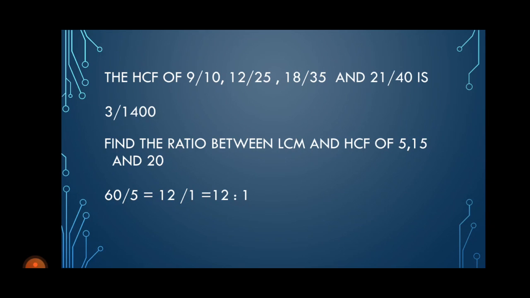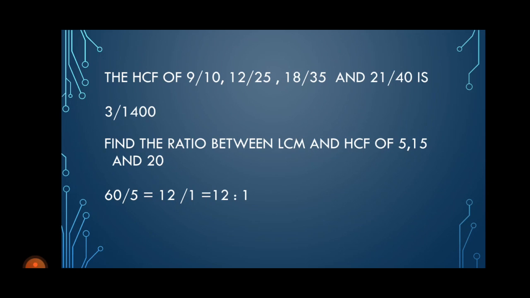Okay, these are the problems we discussed today. Initially we mentioned two questions, the HCF of fractions 9 by 10, 12 by 25, 18 by 35 and 21 by 40. We can find it by the equation: HCF of fractions is equal to HCF of numerators divided by LCM of denominators.